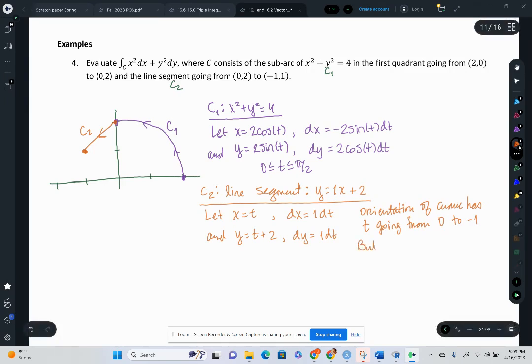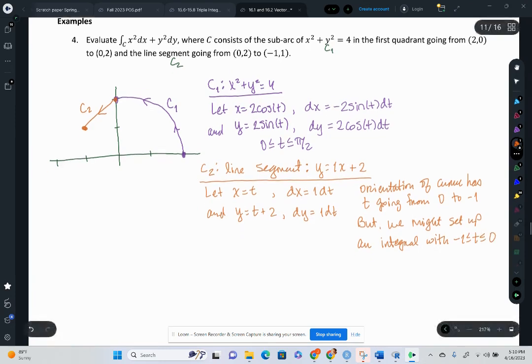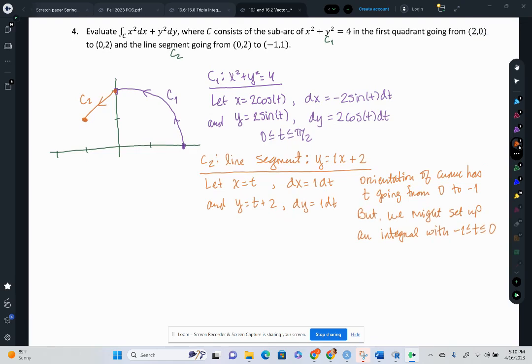But we might set up an integral with -1 is less than or equal to t is less than or equal to 0, just out of habit, right? We might be like, oh, well, the t values are from -1 to 0, but really they're from 0 to -1, which is super weird. So let's see how we're going to handle that, okay?